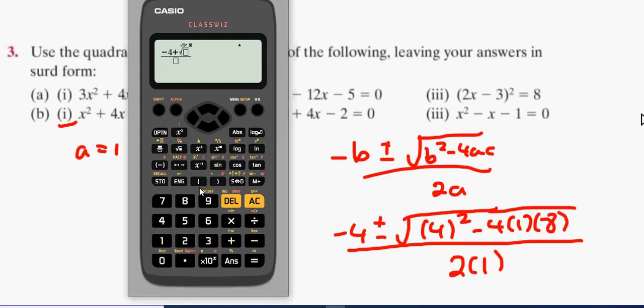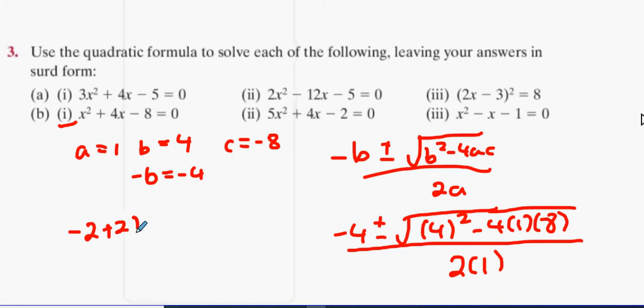Square root 4 squared minus 4 times 1 times minus 8, all over 2 times 1. Now, we get that answer: minus 2 plus 2 root 3.